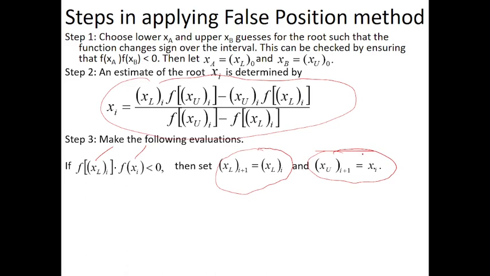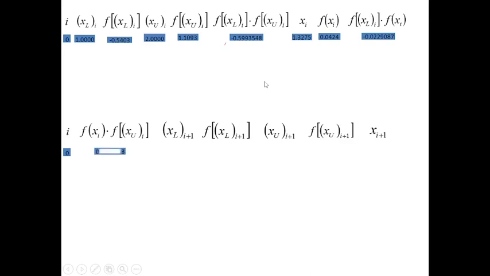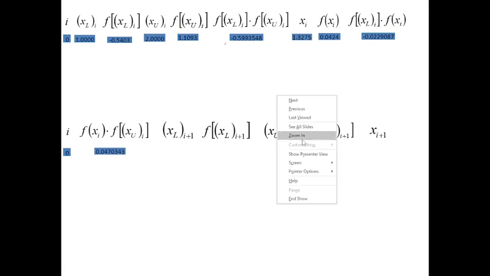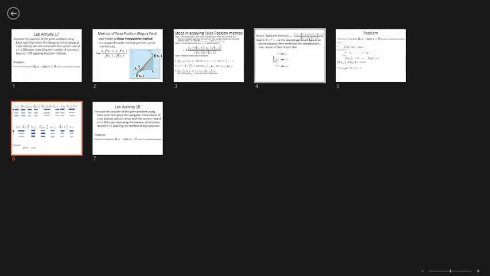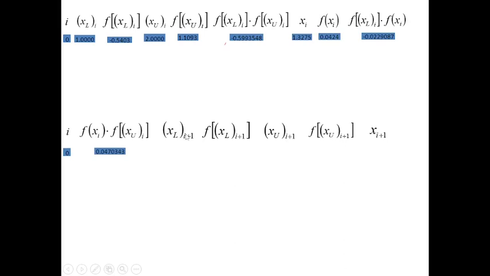Okay? So, ganun siya. So, let's go back. So, ito naman, f of x i times f of x u sub i, 0.04700343. Okay? Ngayon, ano naman yung x sub L i plus 1? So, by formula, ito yung gagawin natin. x sub L i plus 1.